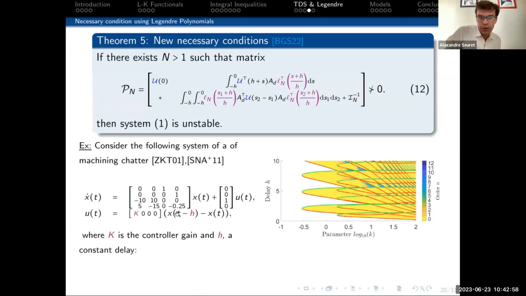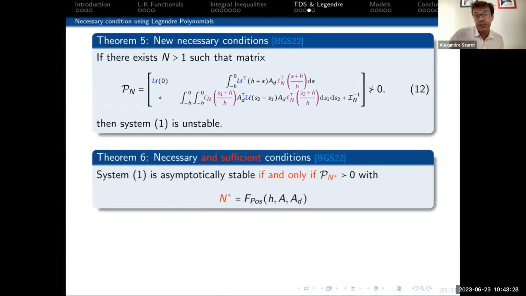So compared to what I presented before on the LMIs, here we are not estimating the stable region, we are estimating the unstable region. And you may see that for very small orders up to 12, you have almost all the regions that are satisfied. And this is the same kind of graph that you can see in the paper of Sabine.